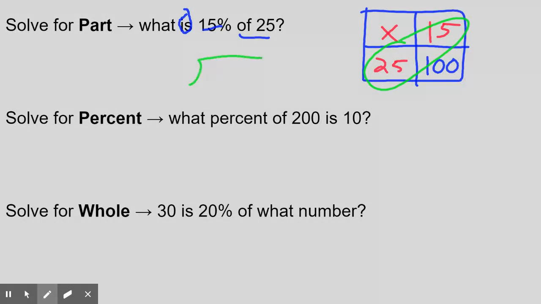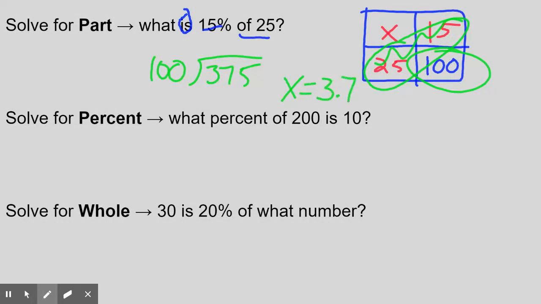That's going to go underneath my division sign. Then I'm done with those. Whatever is left over, I divide by. So I'm going to divide by 100. And I would get for my final answer, x equals 3.75.